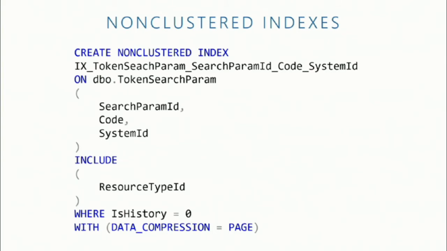But they remain in the main table, so the table still contains the historical values. When we update a resource, we mark it as history, which excludes it from those non-clustered indexes. So the database can continue to grow, but as the versions of resources increase, your search performance is generally not compromised.